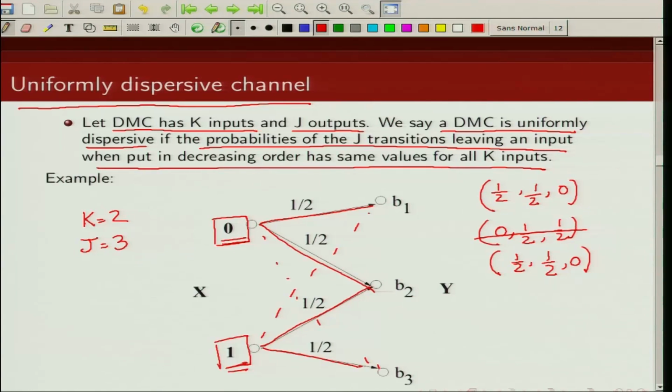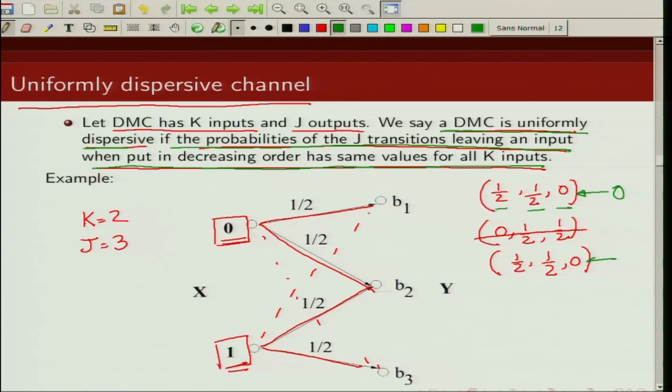Now, what does the definition say for a uniformly dispersive channel? It says that a discrete memoryless channel is uniformly dispersive if the probabilities of the J transitions leaving an input, when put in descending order, have the same value for all the K inputs. When I put the J transitions corresponding to input 0 in descending order, I got half, half, 0.